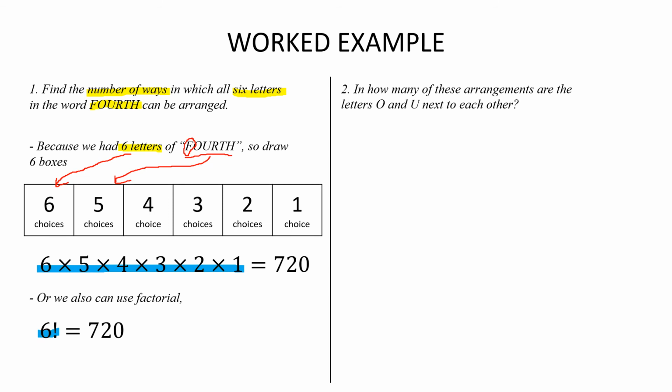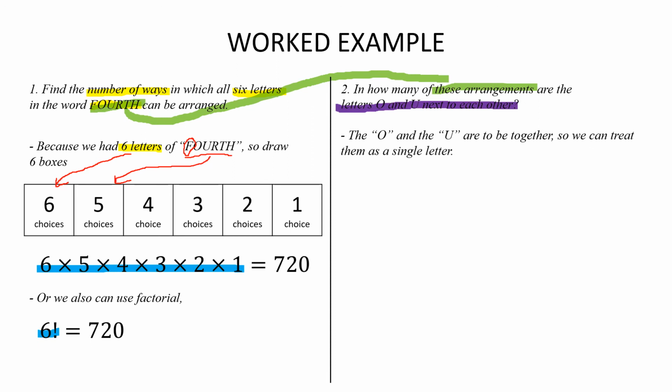Now we look at the second example: in how many of these arrangements, which is the same question, are the letters O and U next to each other. Now we have a condition, which is that letters O and U must be next to each other.